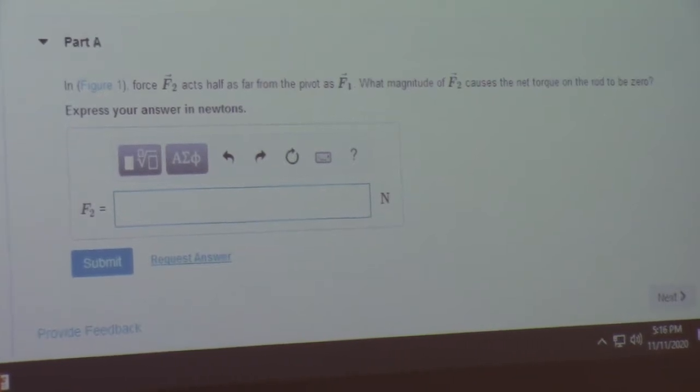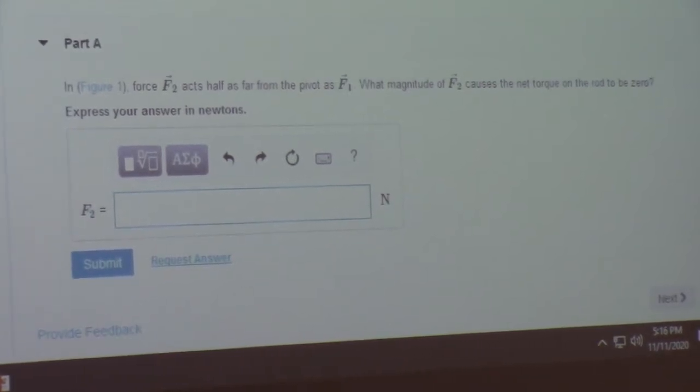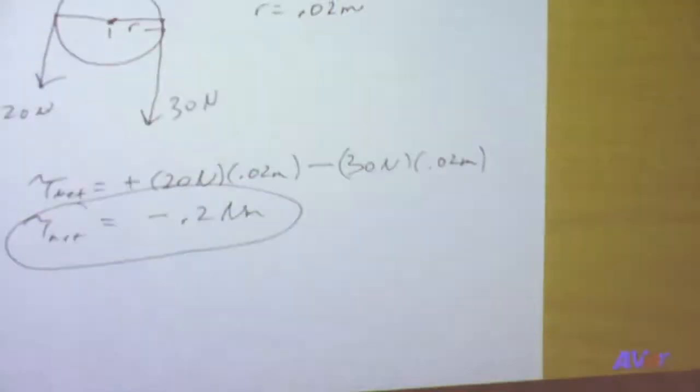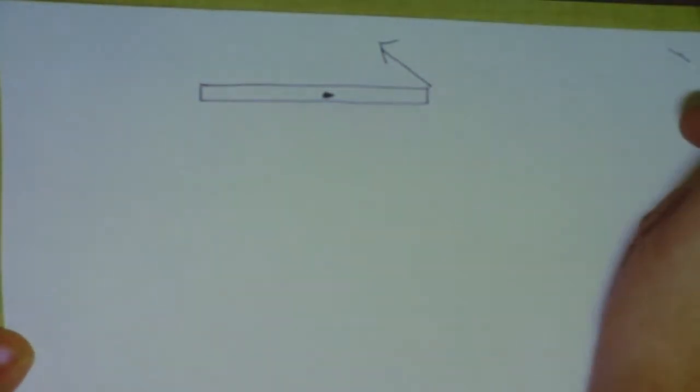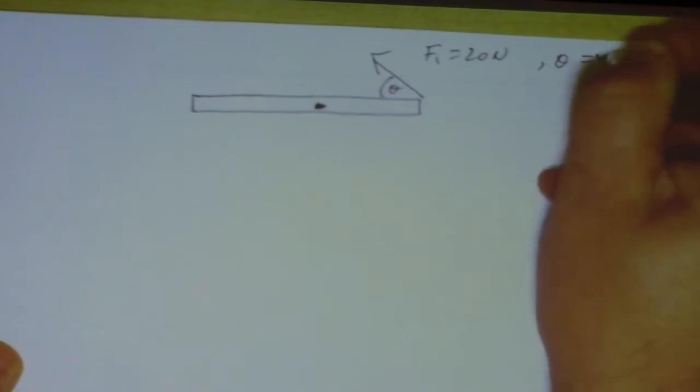Okay, so we'll need a nice picture for this one. These are kind of scary when they don't actually give you the distance, but we'll see how it works out. So we got F1 over here, 20 newtons, and then this is 45 degrees.